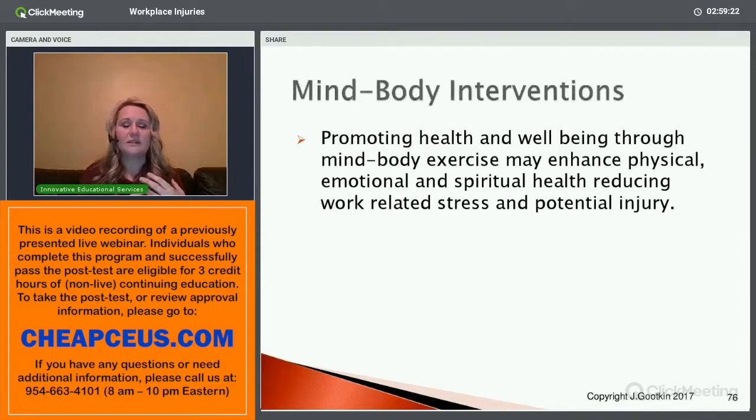The amount of unscheduled time off that they took before they started taking Tai Chi was greater than the amount of unscheduled time off they took after beginning the Tai Chi. So there was a sense that they maybe had less physical injury needing time off, and maybe a mental health day, so to speak, wasn't needed as often.